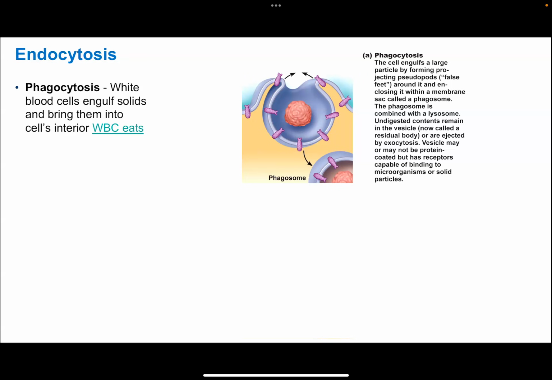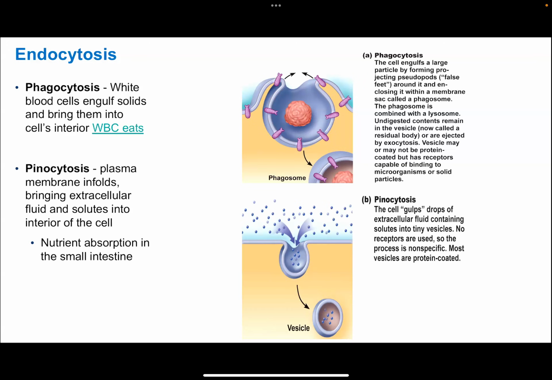So when we talk about endocytosis and that initial enfolding of the plasma membrane with whatever's in the extracellular fluid, I just talked to you about phagocytosis, when the white blood cells will engulf bacteria or viruses. There's a supplementary video of a white blood cell, and it's using those pseudopods, but it will go around and you'll see it eating the bacteria.